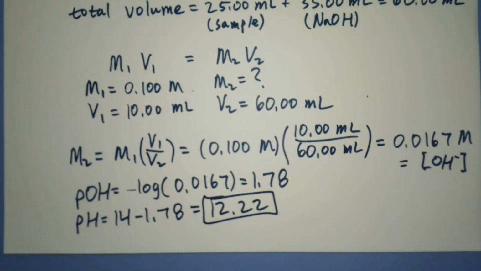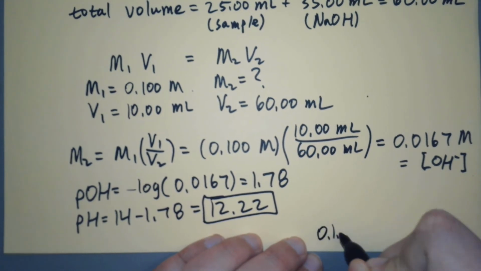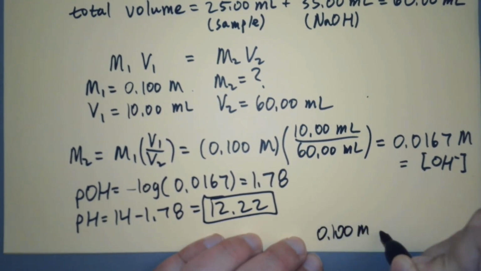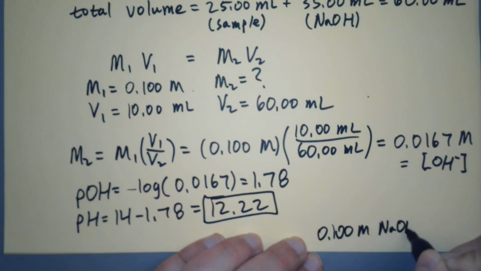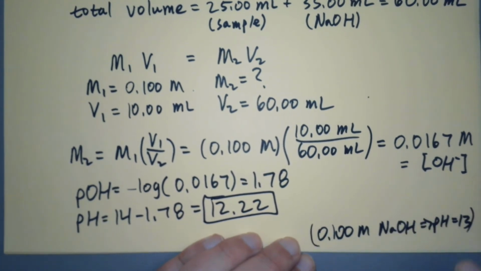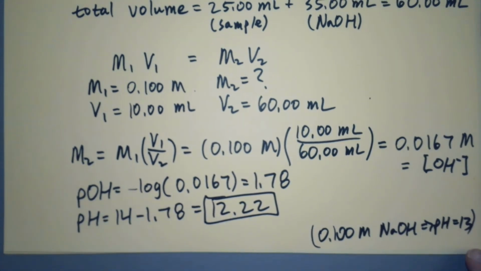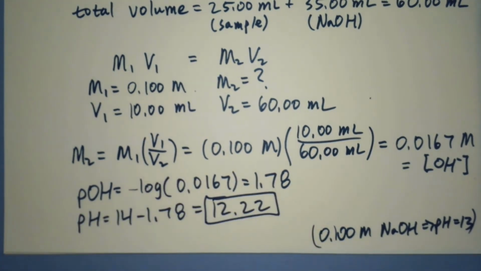The 0.100 molar NaOH by itself is going to be a pH of 13. You can check that if you want. So as long as you're somewhere between, what was our last number? What did we get before? It was 8.2 and 13. You're good.